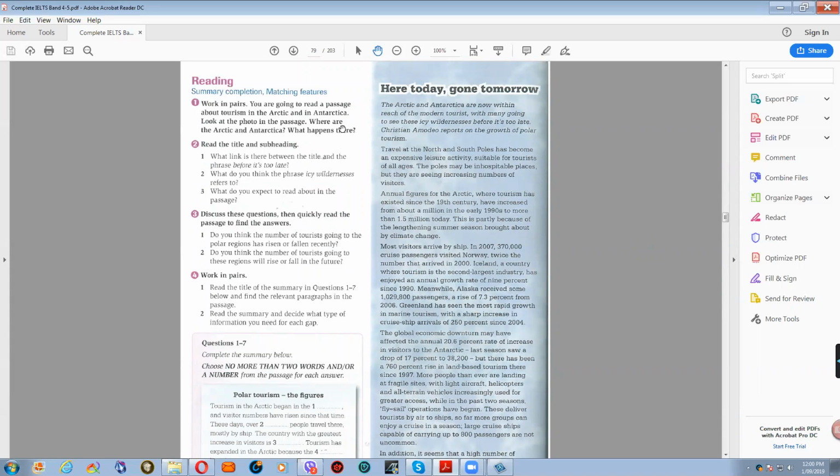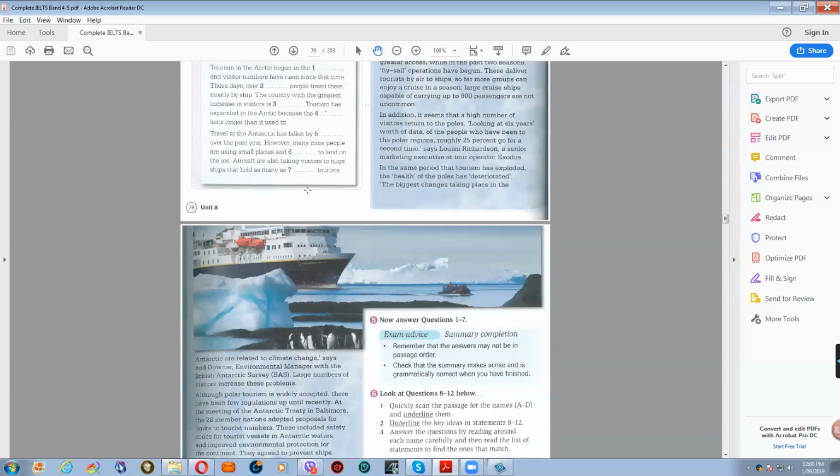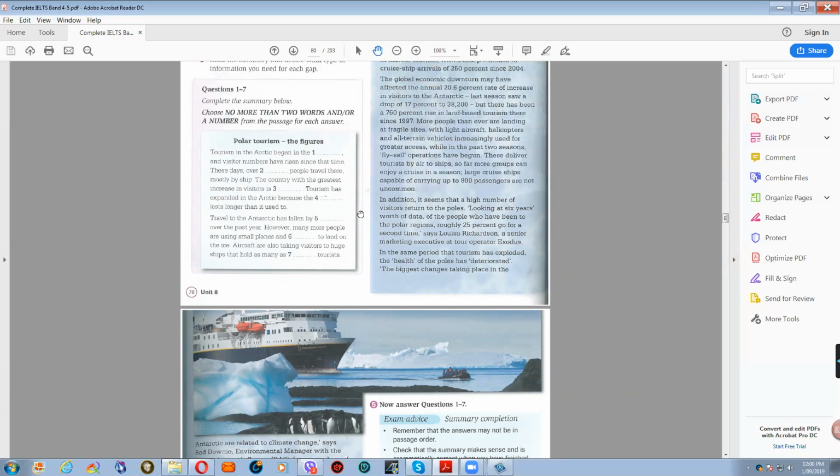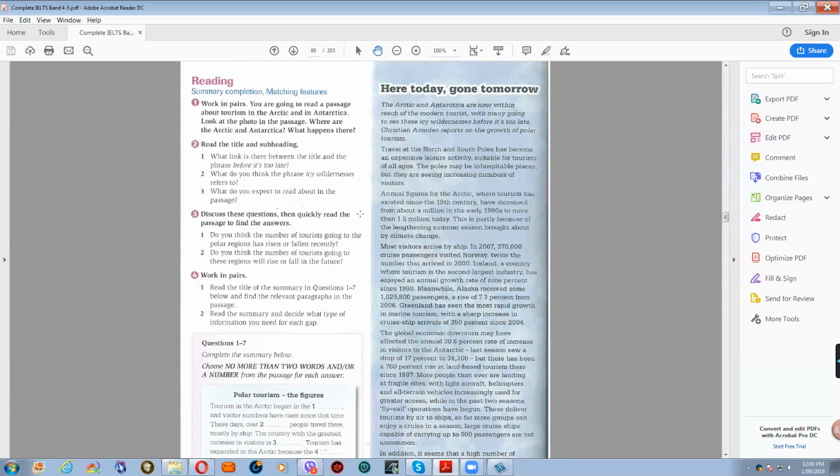Okay, we're going to read a passage about tourism in the Arctic and Antarctic. Look at the photos in the passage. Where's the photo? Yeah, there's the photo. Where are the Arctic and Antarctic?